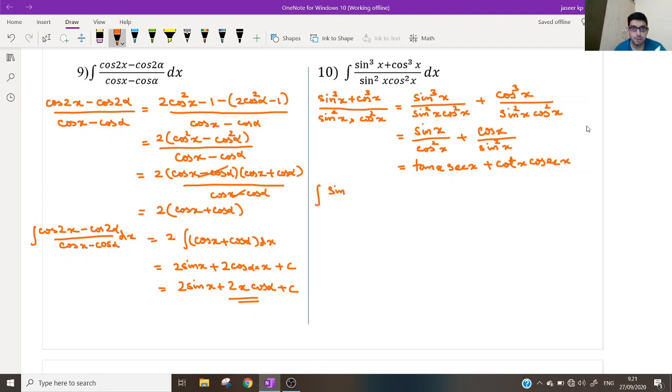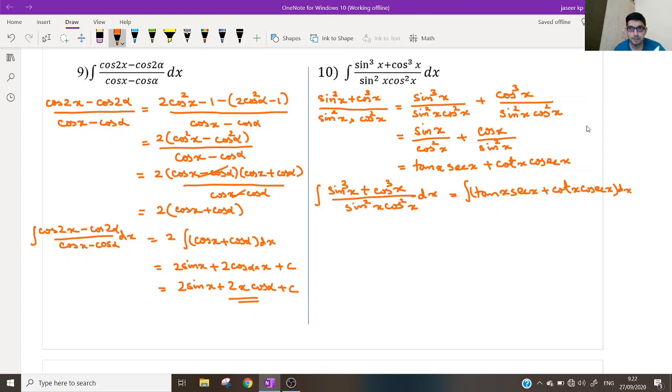The integral of sin cube x plus cos cube x divided by sin square x cos square x dx is nothing but the integral of tan x secant x plus cot x cosecant x dx.